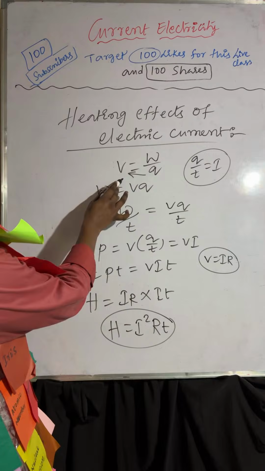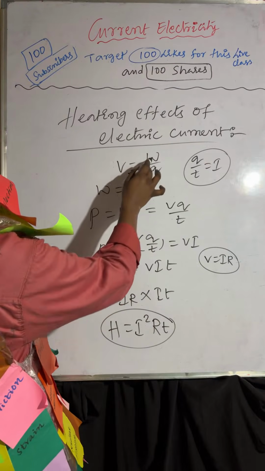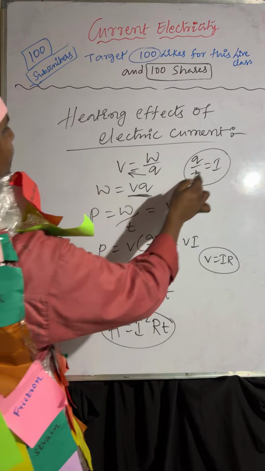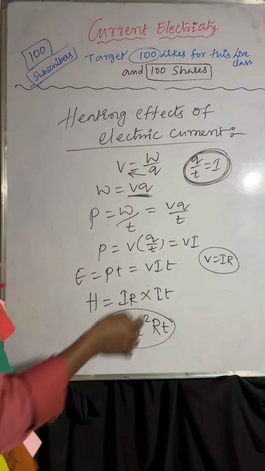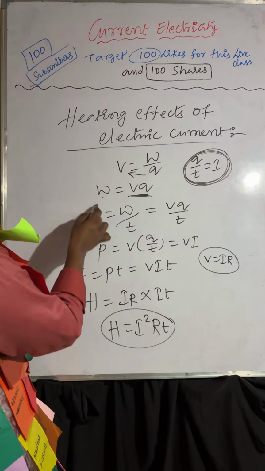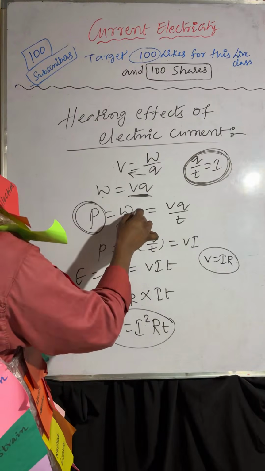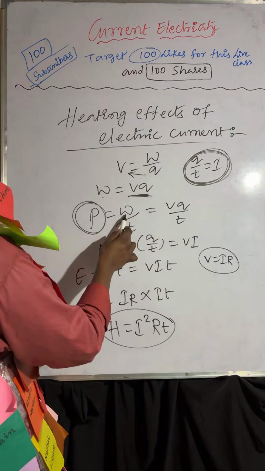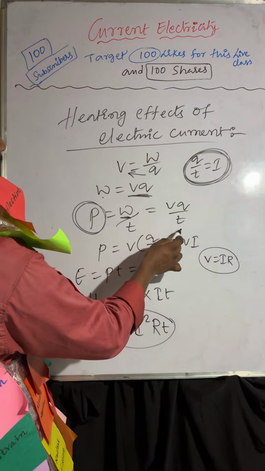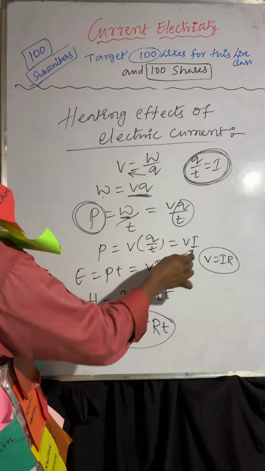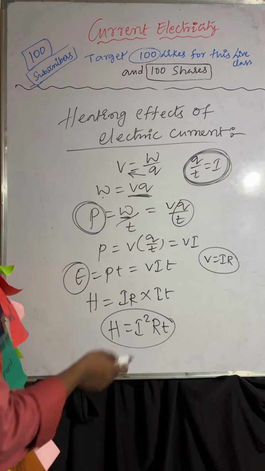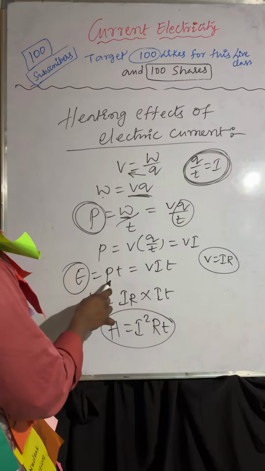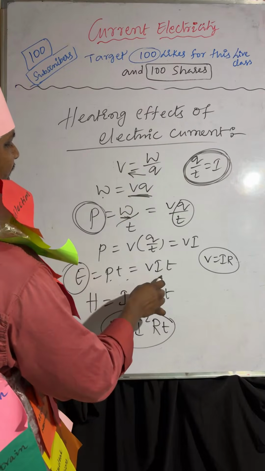So potential difference V equal to W by Q, and W equal to VQ. Q by T is the current. Power equal to rate of doing work, VQ by T, where Q by T is I. Whatever energy is given to the conductor equals P into T, with P equal to VI.